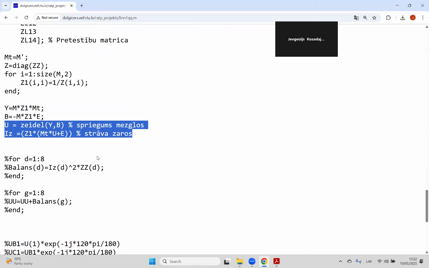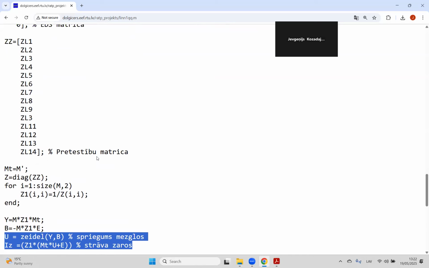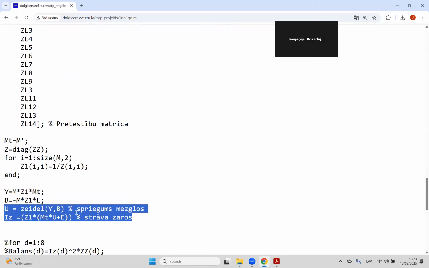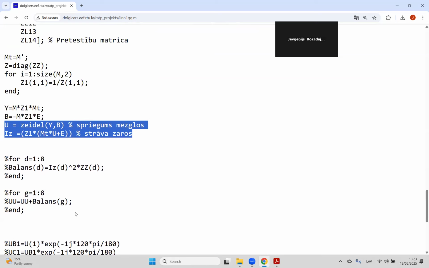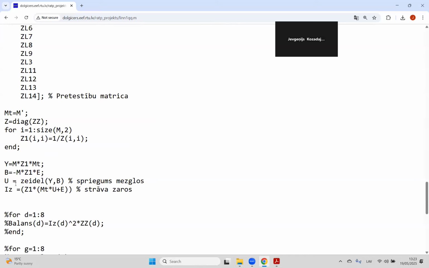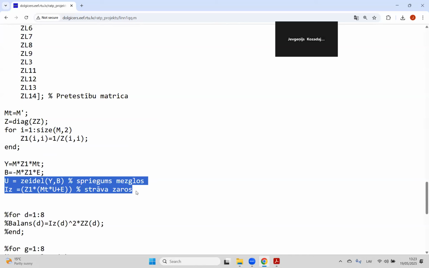That's why I suggest you first finish this, and only next we'll discuss how to use these voltages and currents to draw vectors for every phase of your system. So to know what is the current vector, what is the voltage vector for every phase.